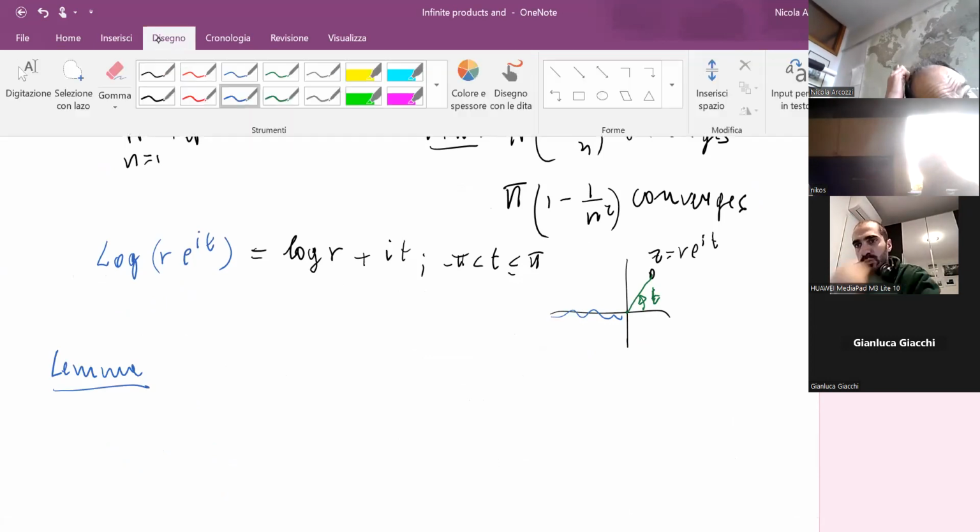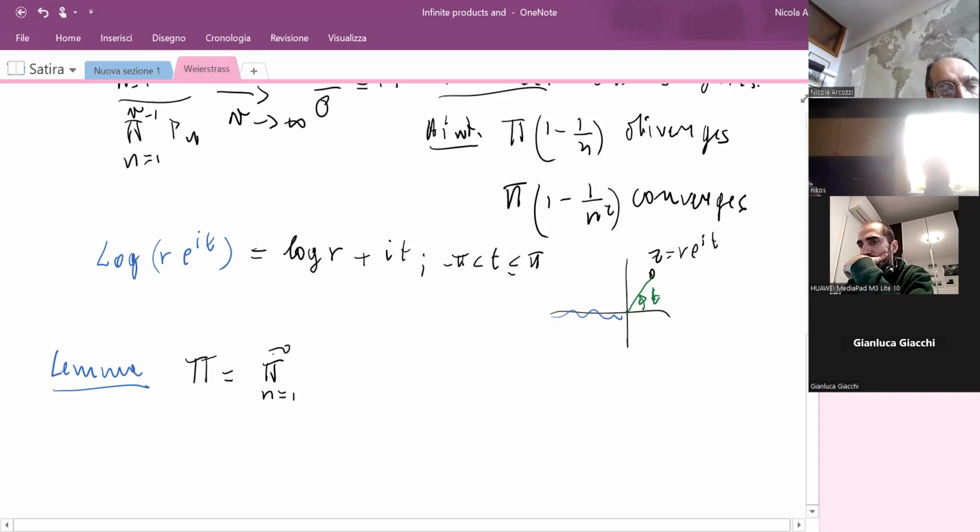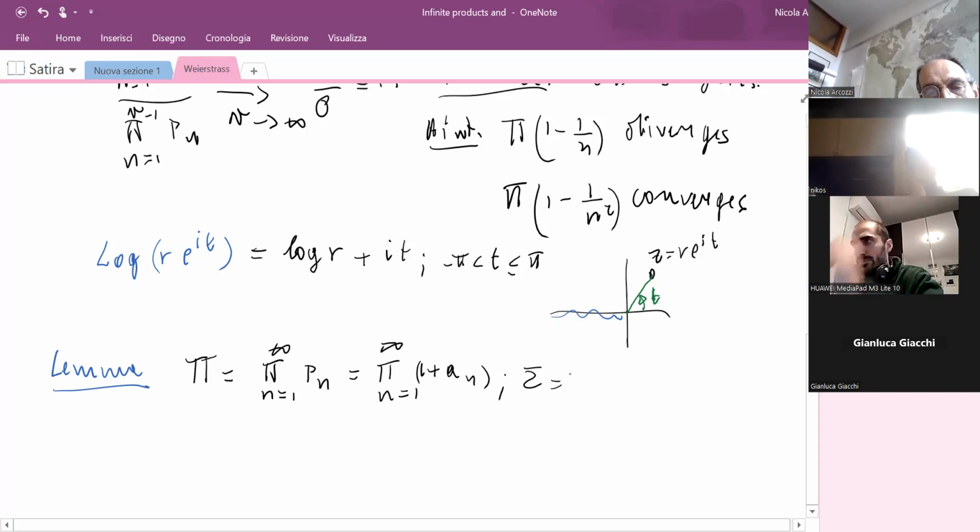Let's call pi the product for n from 1 to infinity of p_n, or it's even better to write it as 1 plus a_n, where a_n goes to 0, and let's call sigma the sum for n from 1 to infinity of log of 1 plus a_n.